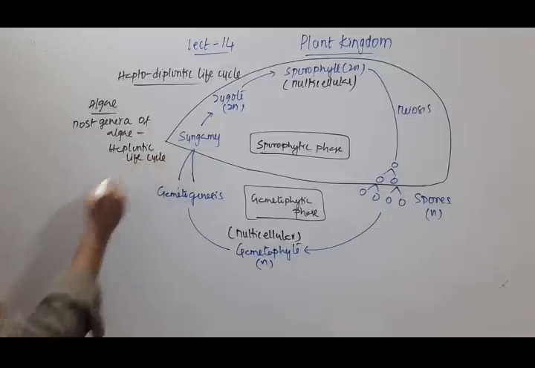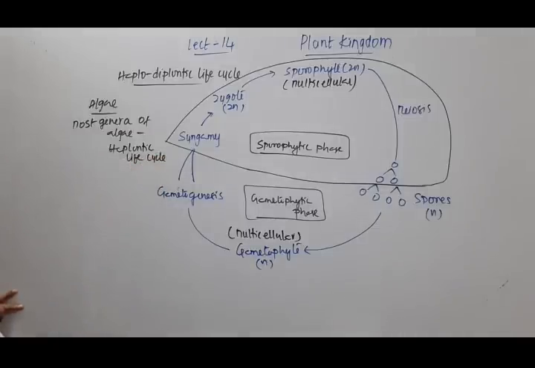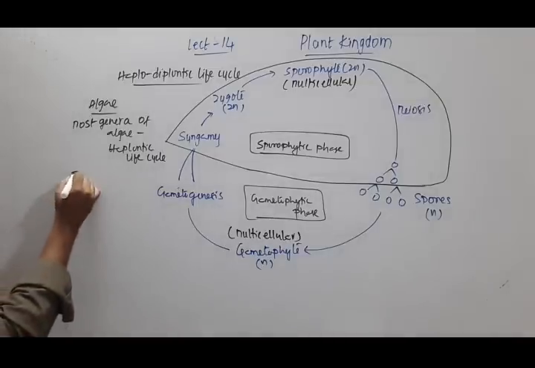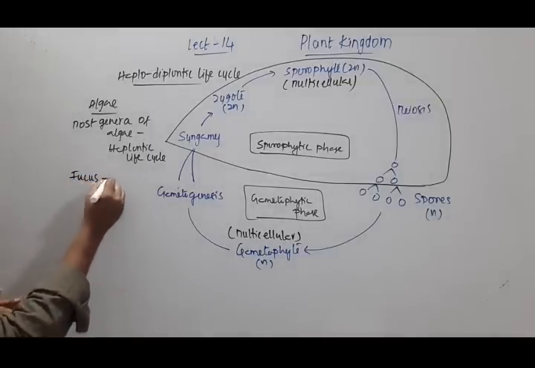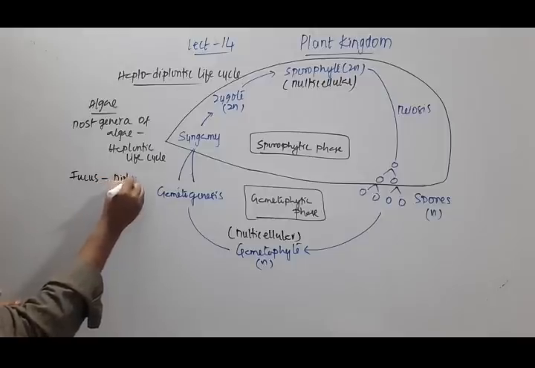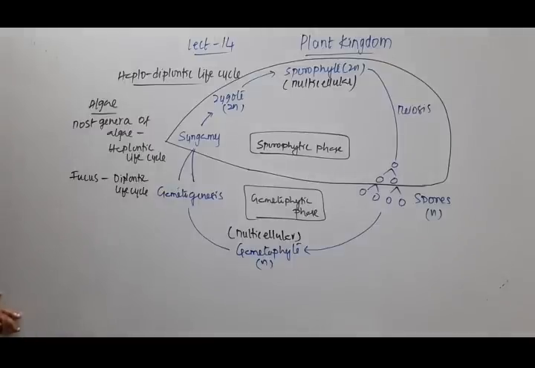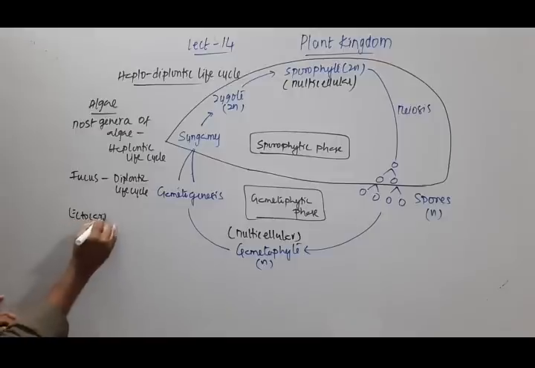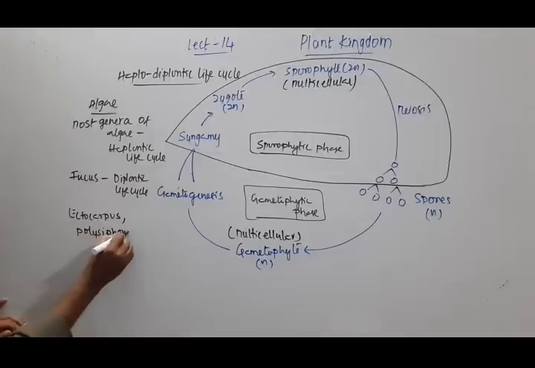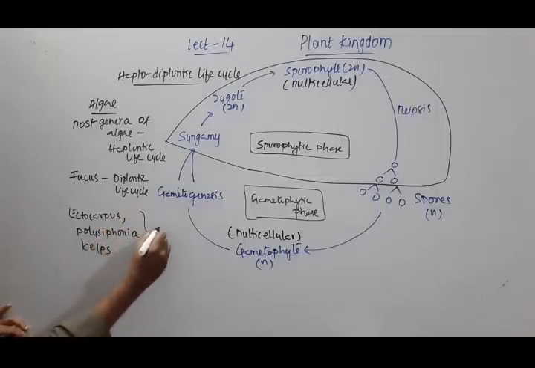Coming to diplontic, Fucus shows a diplontic life cycle. And Ectocarpus, Polysiphonia, and kelps are all algae that show a haplodiplontic life cycle.